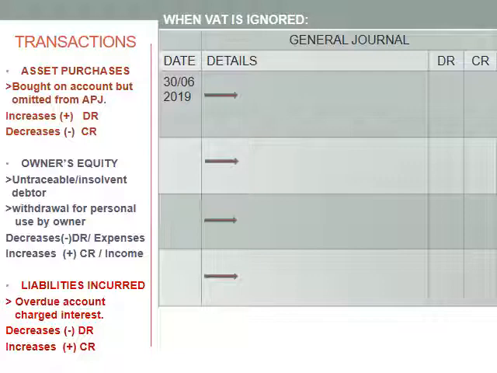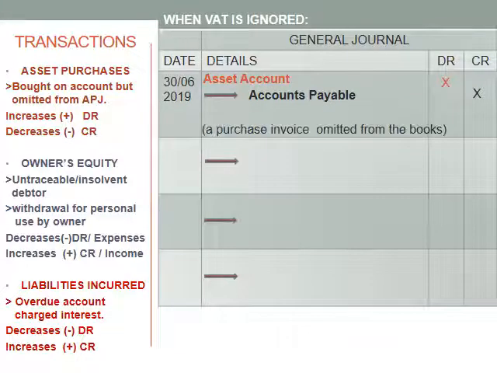When processing entries into the books of a non-vendor, VAT is ignored. In recording assets which were bought on account and omitted from the books, the asset account will be debited, accounts payable credited, narration: a purchase invoice omitted from the books.